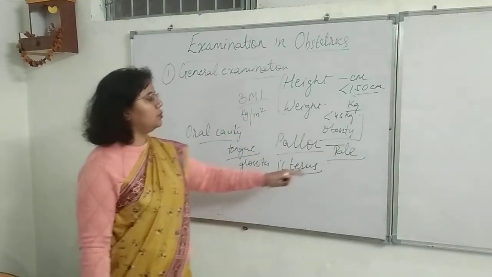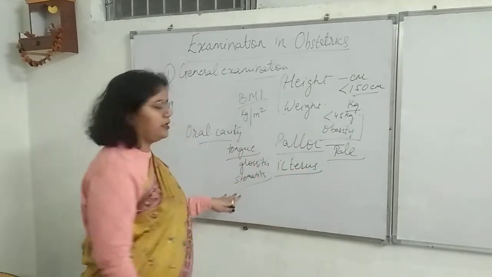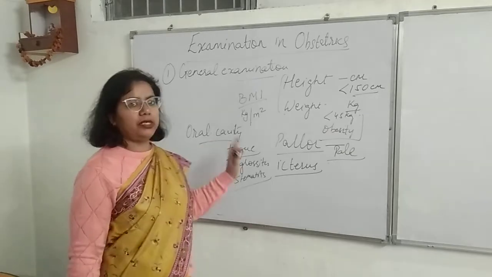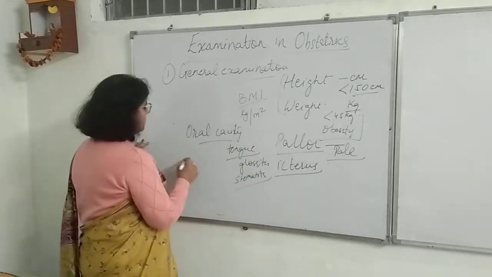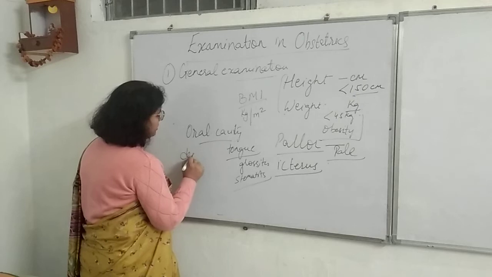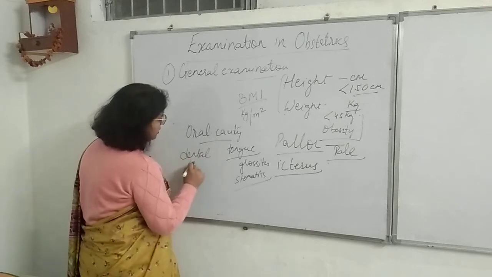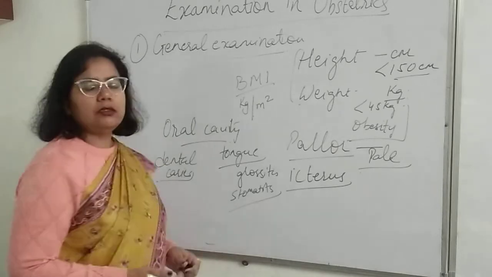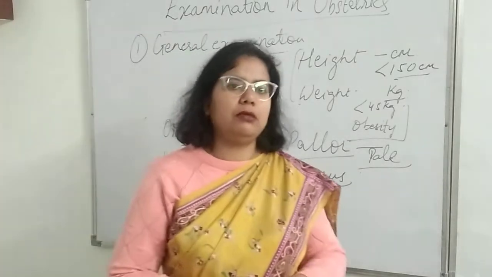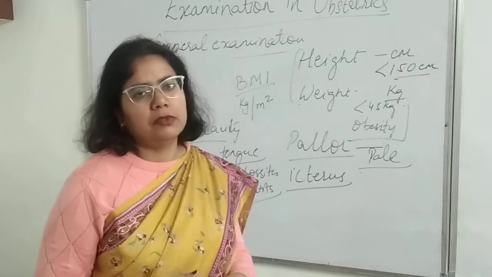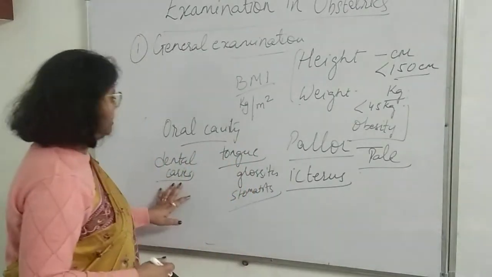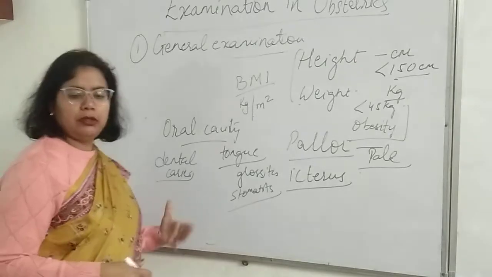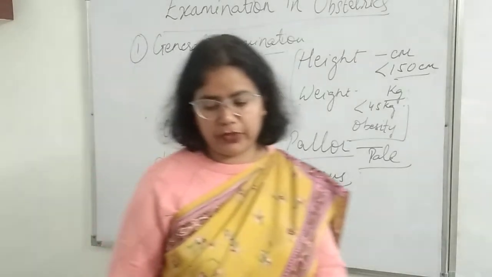So she is not only anemic, she is also having other deficiencies. She is having glossitis and stomatitis. So oral cavity is important in general. And when near term, you have to rule out any dental caries, which are the sites of infection. So in puerpera, during her puerperium, these dental caries may be accountable for the infection, source of infection.